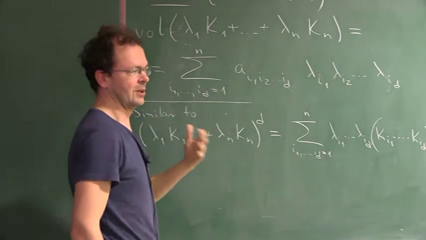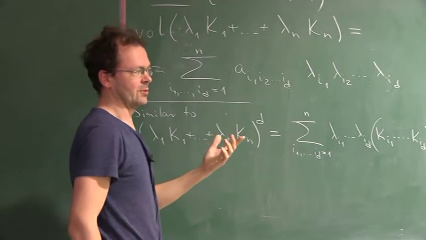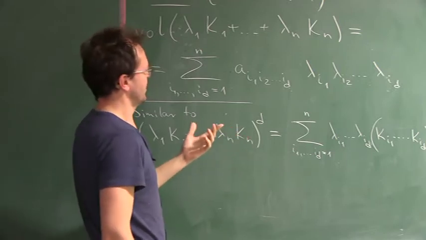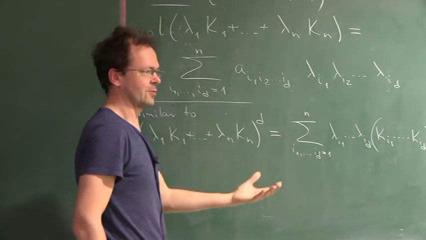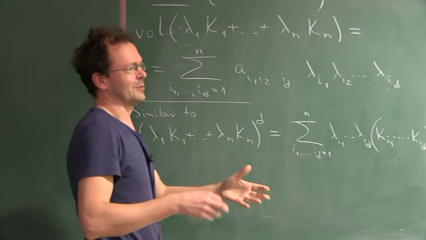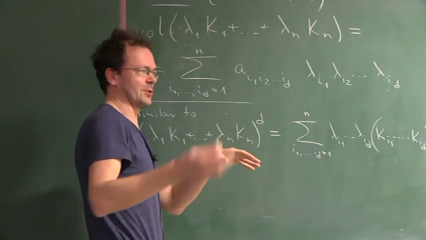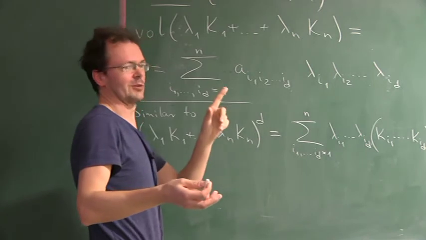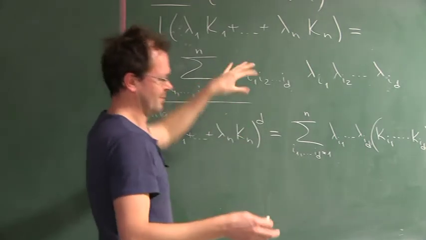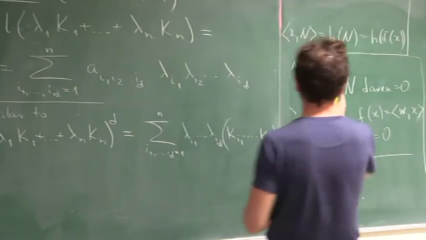So it is like having a bilinear form and making a quadratic form out of it. From a quadratic form you can go back to a bilinear form, but there are different bilinear forms for the same quadratic form. But there is only one symmetric bilinear form. So the symmetry assumption determines the coefficients uniquely.